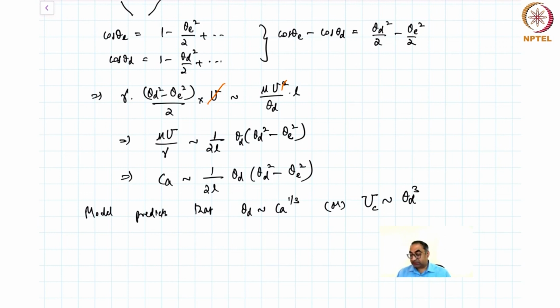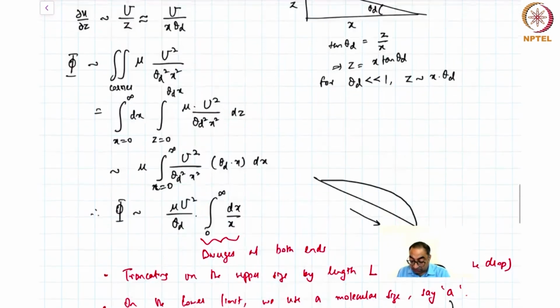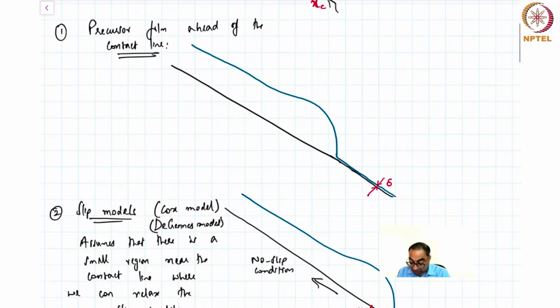Of course, there are several experiments which show other kinds of behavior, and therefore the model itself has limitations, but that's understandable because several important assumptions were made during the derivation of this model. In fact, one of the assumptions we made was that the angle has to be very small, and I was talking about one of the slip models by Cox.